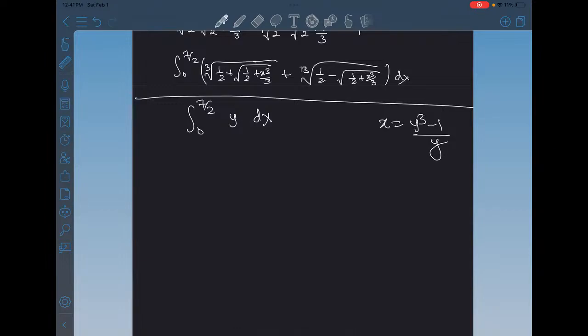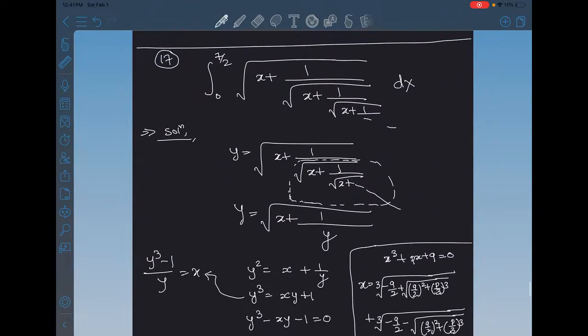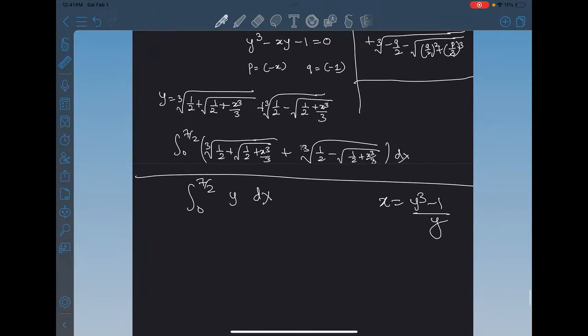Now, instead of trying to find y in terms of x, let's try to find dx. And let's also remember that these limits of integral are in the world of x.